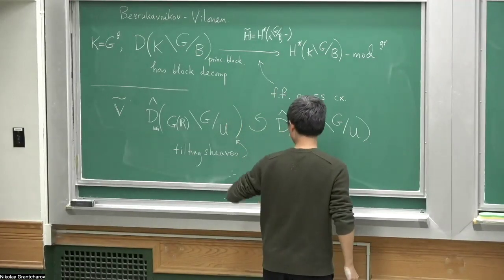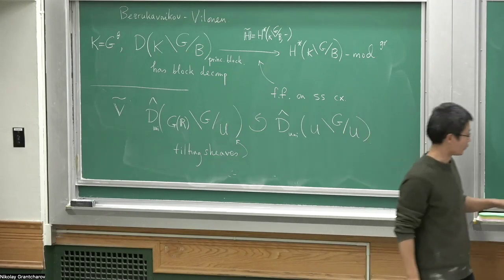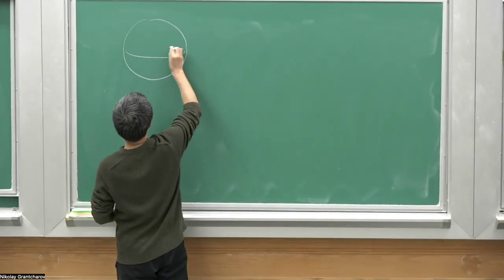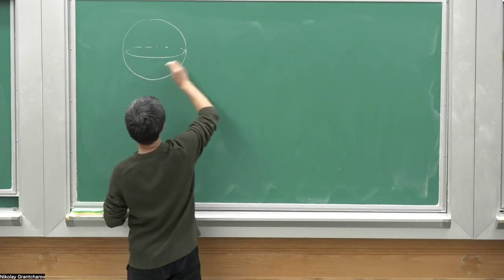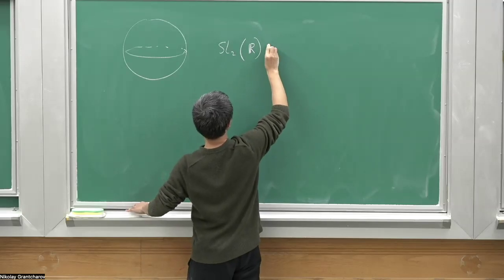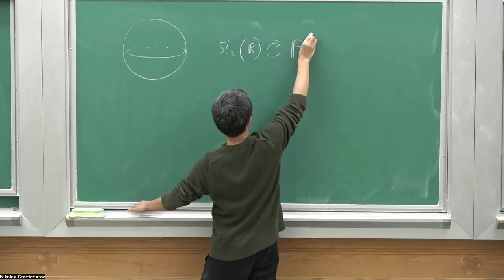For example, we're not working with the usual notion of perverse sheaves. So here's a case of SL2 acting on the flag variety.